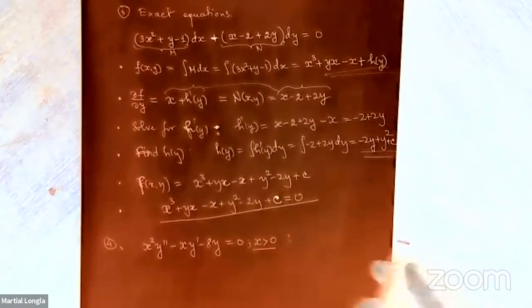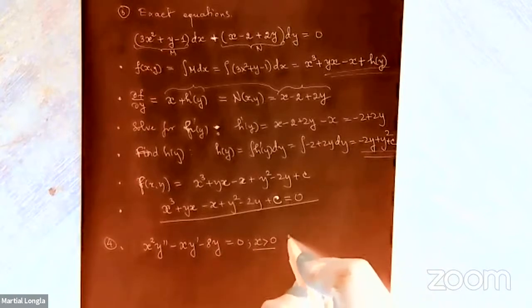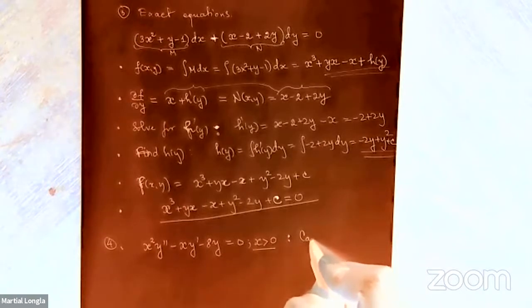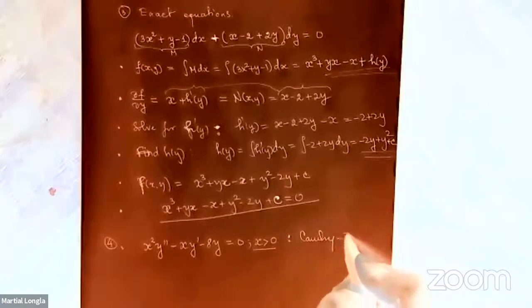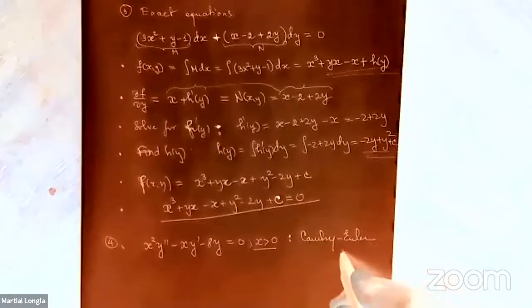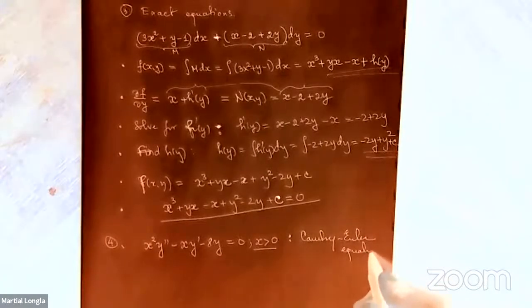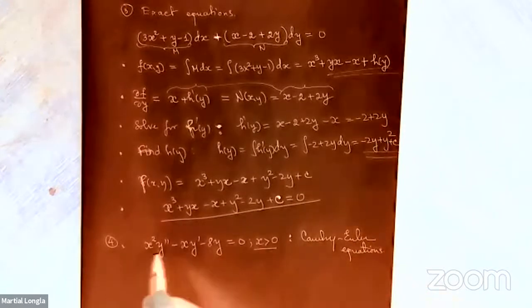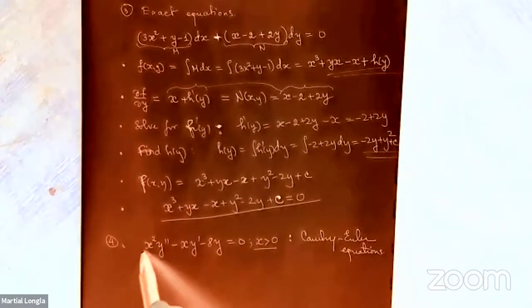And that's all. This topic is not the one that you announced. This topic is Cauchy-Euler equations, which is very different from the equation with fixed coefficients, because here you got x squared, here you got x.